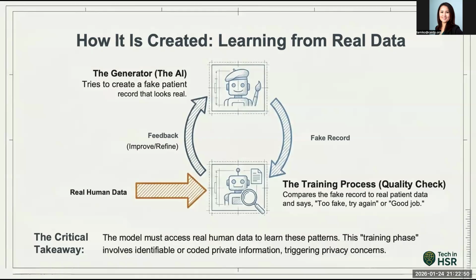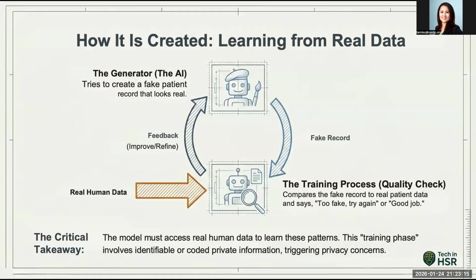Now, this is where that misconception of fake data comes from: that outputs are new. But as our critical takeaway states, the model has to see, process, and analyze real identifiable human data in order to learn those patterns in the first place. Now, this training phase involves identifiable private information, and that starts triggering privacy concerns.